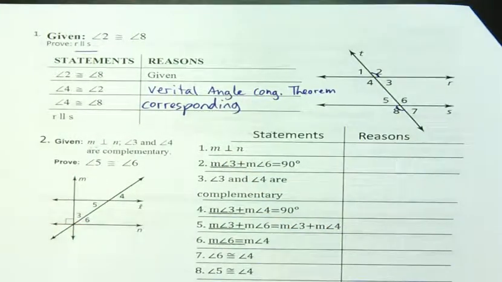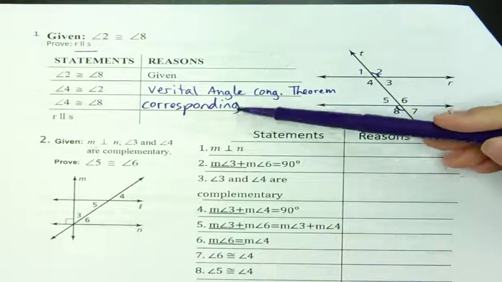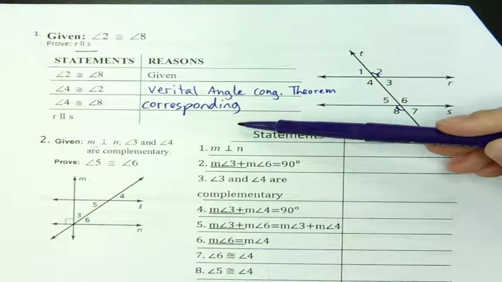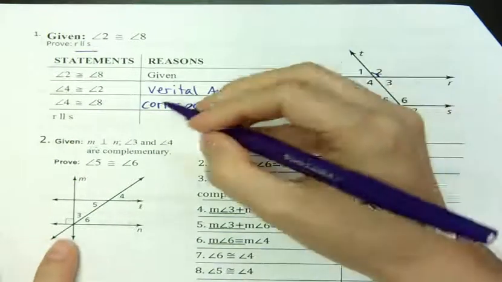Okay, and then how do I know that line R is parallel to line S? No, I have to prove it from what's already here. So getting from here to parallel, which proof do I use for that? Corresponding converse, right?